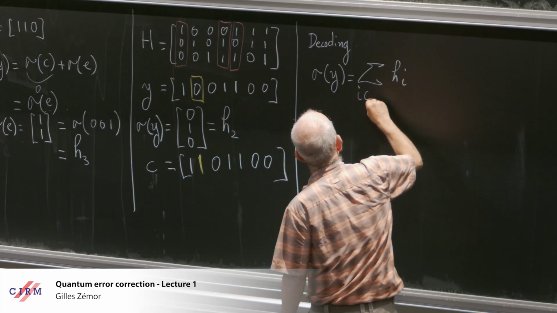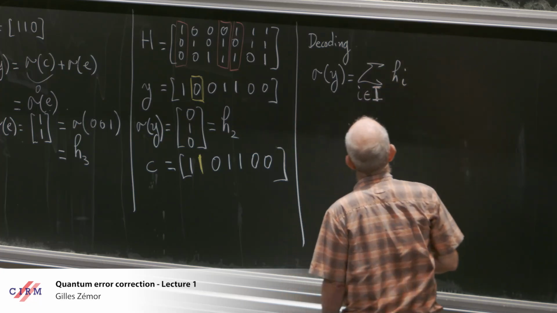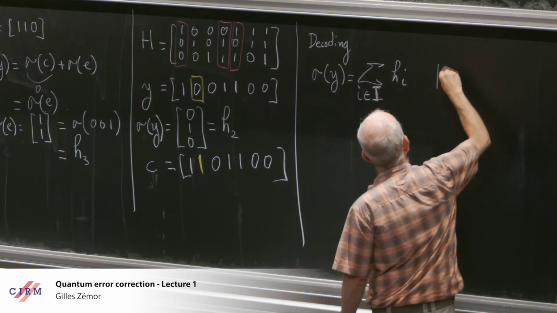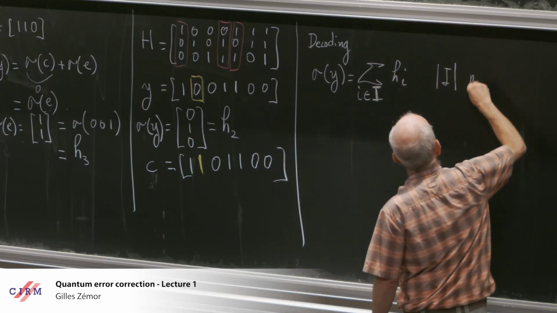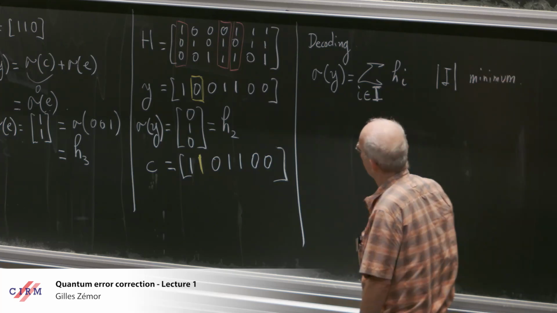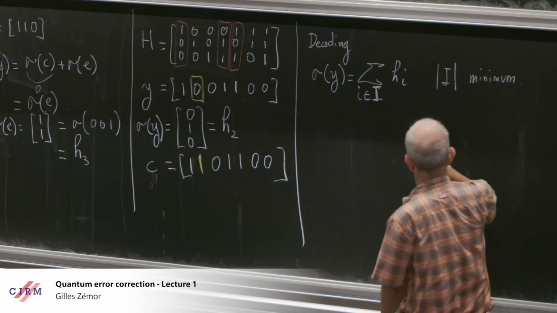So sum for i belonging to some set of coordinates I of minimum size. And that will solve the decoding problem for you.